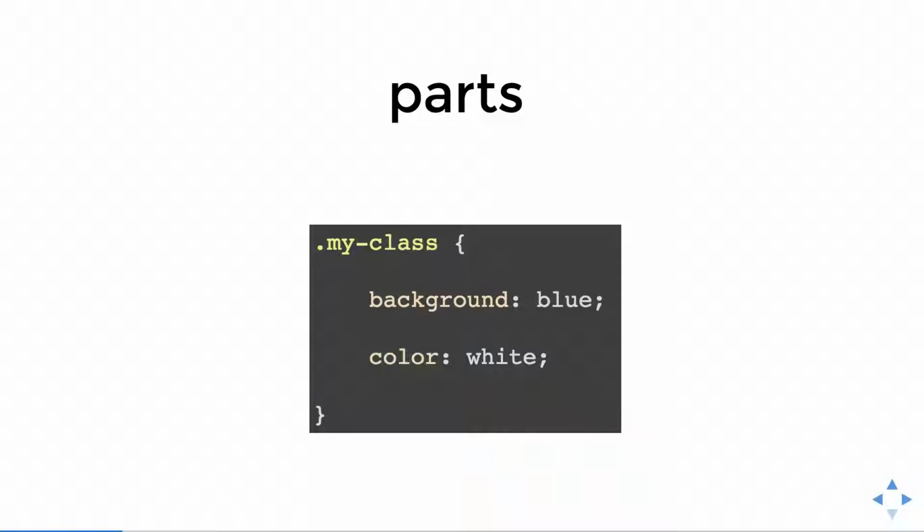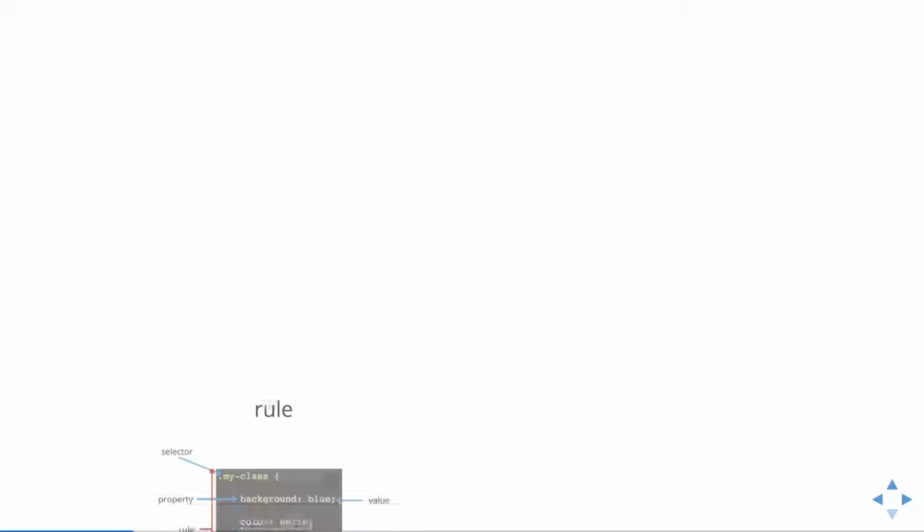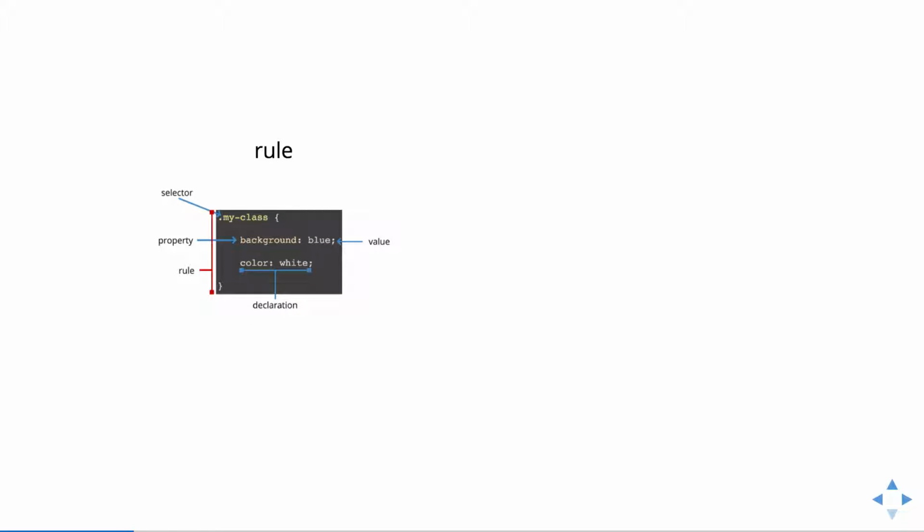How about the 2 of them combined? Close. And then there's one more thing here. This whole entire set right here is actually the rule. So selector, property, value, declaration, rule. Good? Questions? So we take that whole thing and now we have a rule.